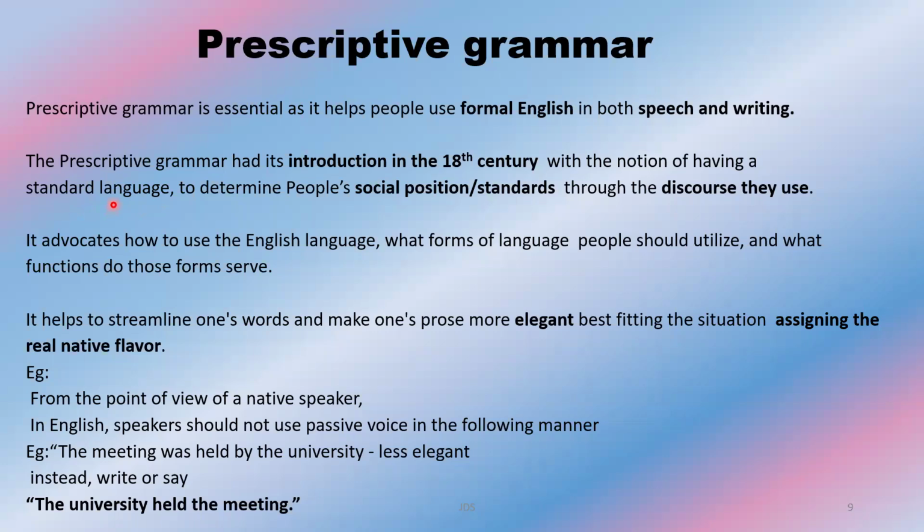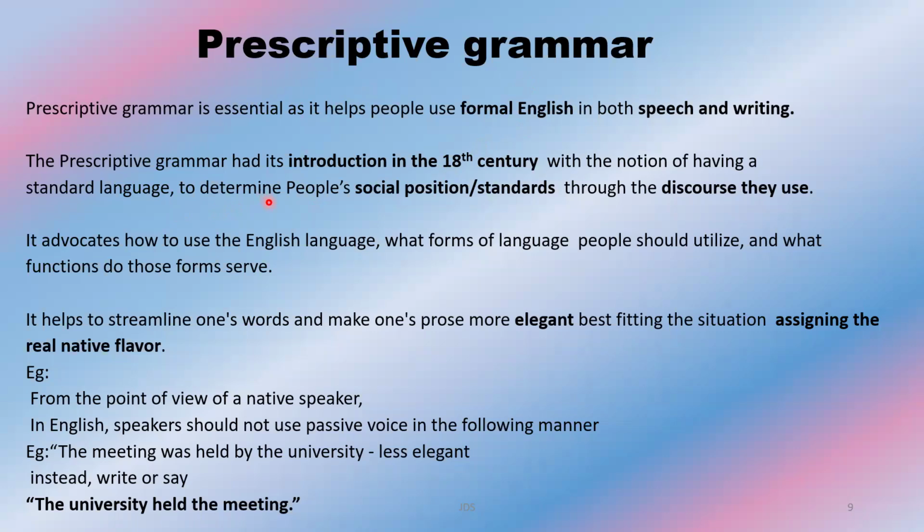That is where prescriptive grammar came into existence. So if they are to have a standard version of the language, that standard version should consist of formal English. So that is how prescriptive grammar came into the scene.